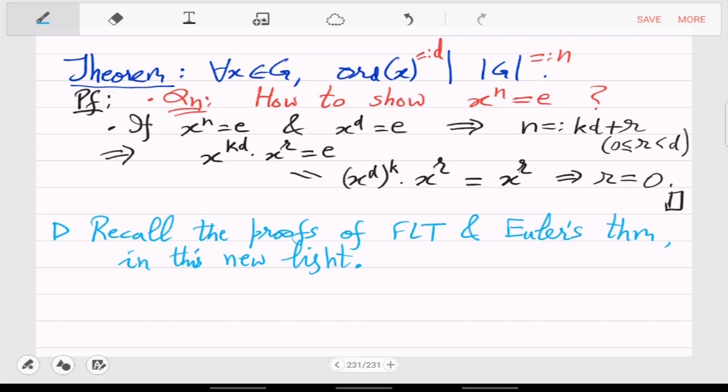The things we did to prove Fermat's little theorem and Euler's theorem were basically these more general things, and the group there was Zn star.